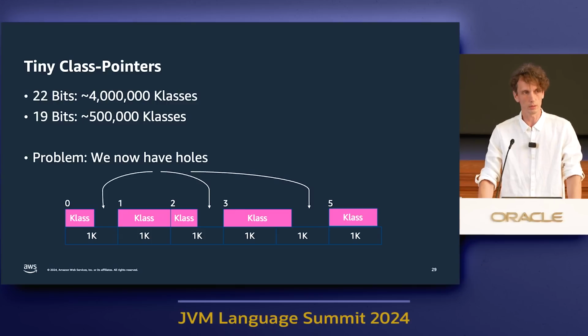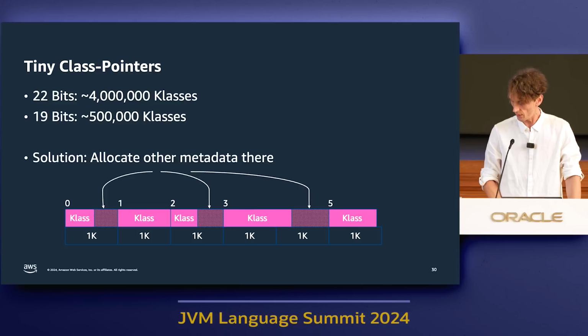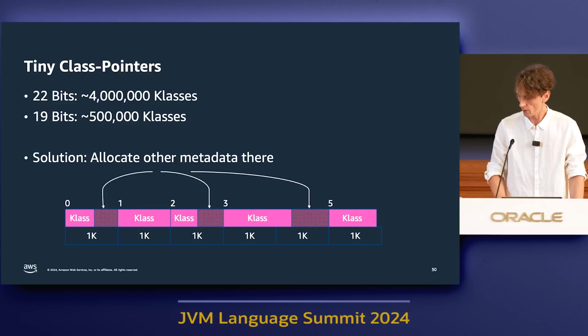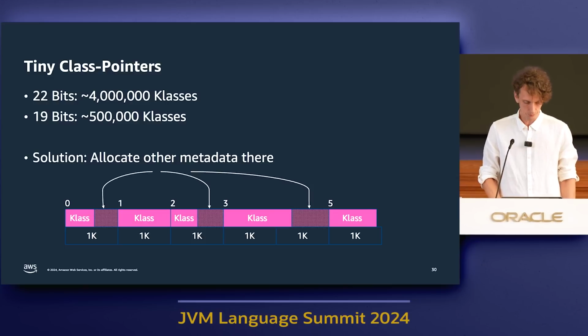This is stuff like code caches and all sorts of extra information. A lot of this data is quite small, and we can be clever and allocate it in those spaces, so we don't have to waste those little blocks, which is good enough.